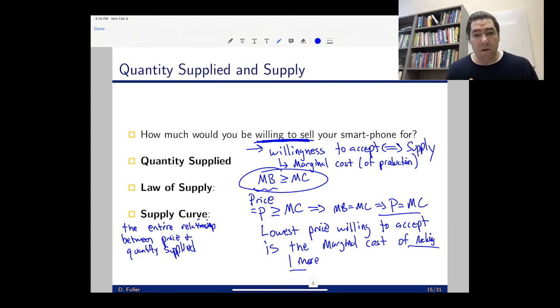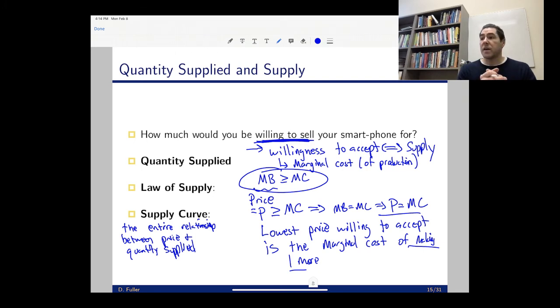If I offer you $150 for your cell phone, that's the benefit of selling it. The cost is whatever it's going to cost you to then replace the cell phone. And so depending on what type of new cell phone you want, you're more or less willing to accept my exchange. Okay, so that's the basics there of supply.